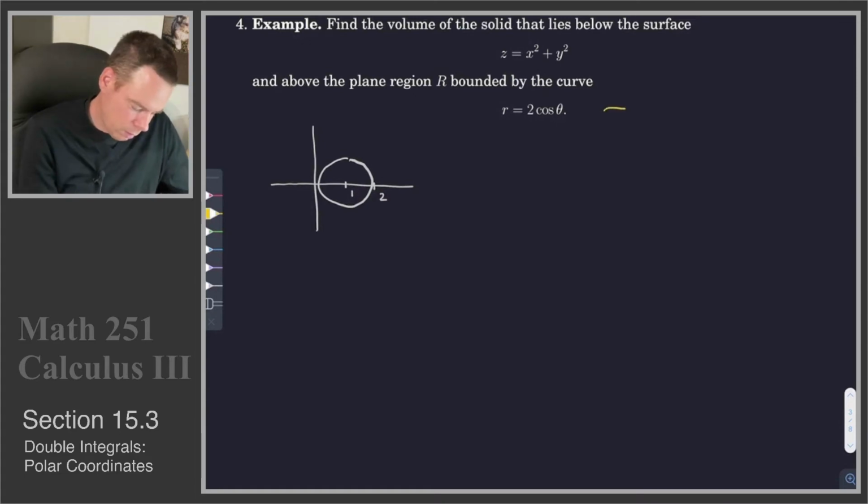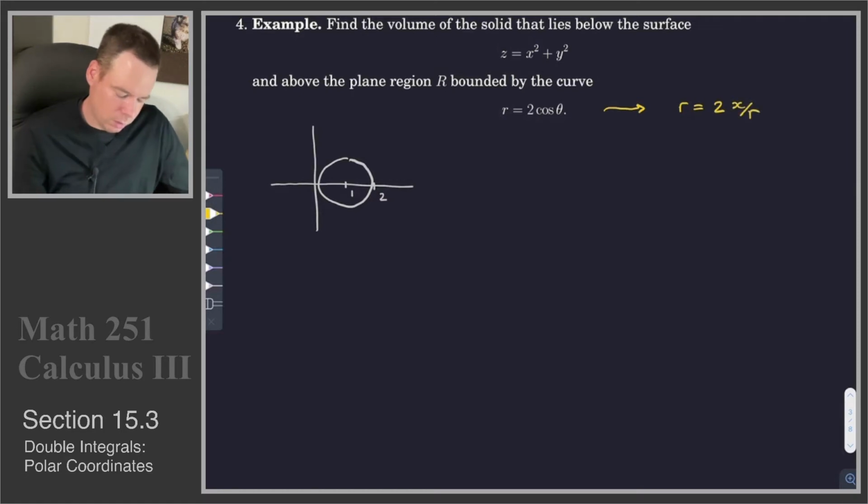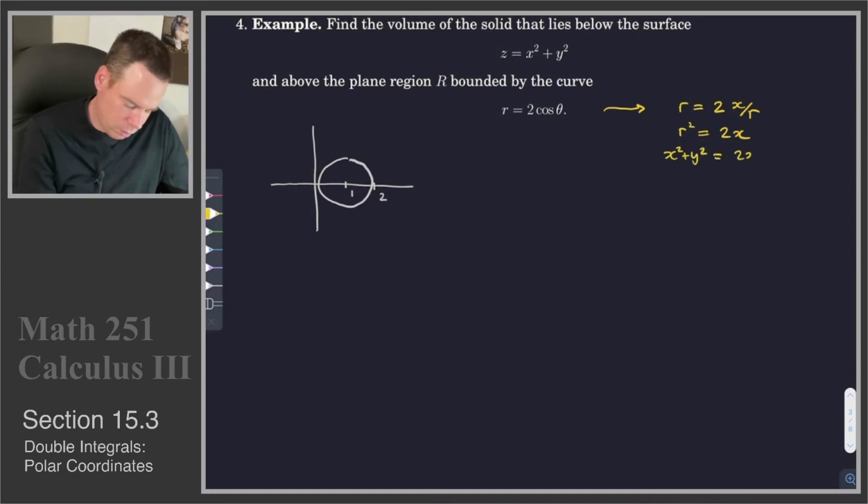Alternatively, we could try to work just with the equation. I know that cos theta is x over r, so I could write this equation as r equals 2x over r. But then I can clear the denominators, get r squared is equal to 2x, and r squared is x squared plus y squared, that's equal to 2x.